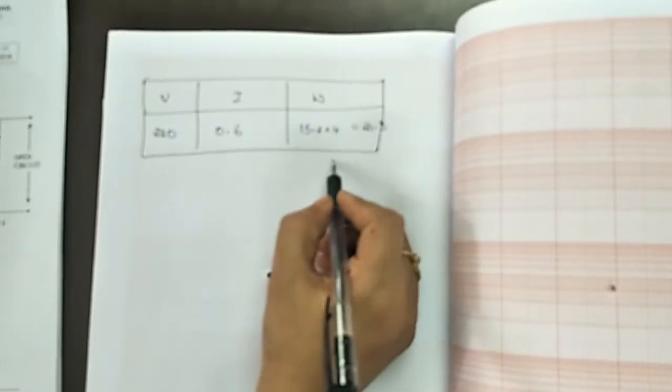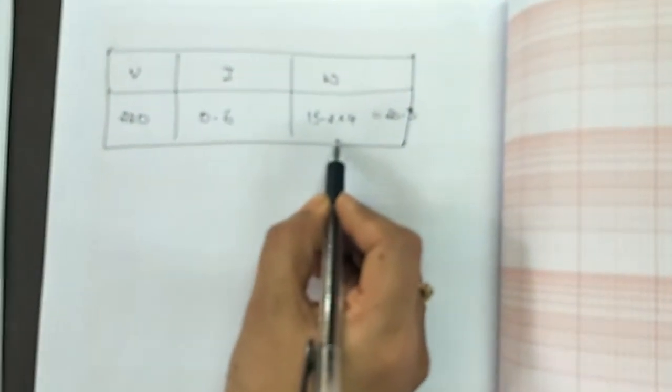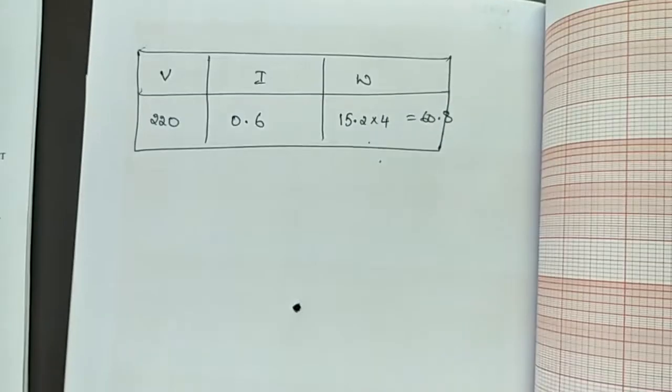This is how the meter readings are to be noted down. The wattmeter reading here indicates the core losses obtained on open circuit condition.